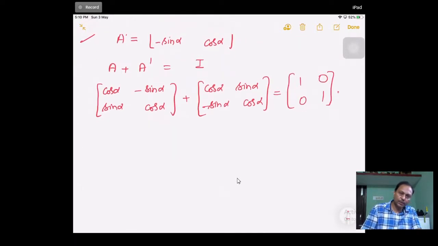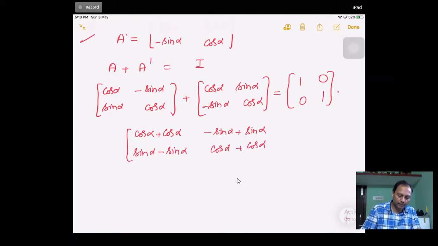Now find the sum of these two matrices. So we are getting cos alpha plus cos alpha, minus sin alpha plus sin alpha, sin alpha minus sin alpha, and cos alpha plus cos alpha is equal to [1 0; 0 1].